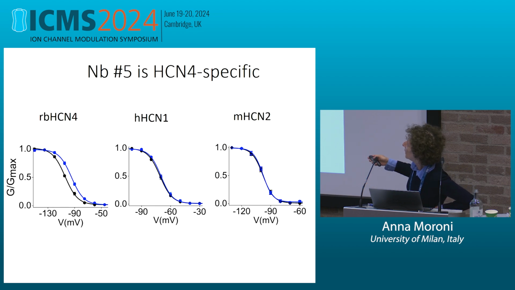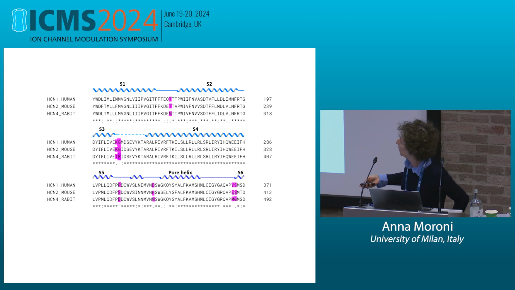We also retested, of course, that nanobody 5 is HCN4 subtype specific, as the FACS was indicating previously. And yes, it only acts on rabbit HCN4, but not on human HCN1 and mouse HCN2. And when we aligned the 3 sequences, we found several positions in which there is an HCN4 specific residue.